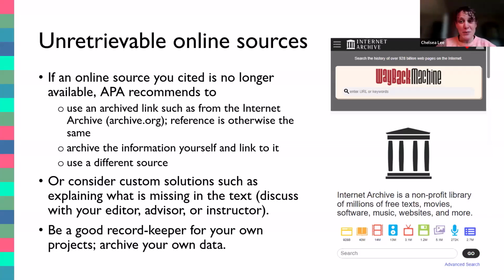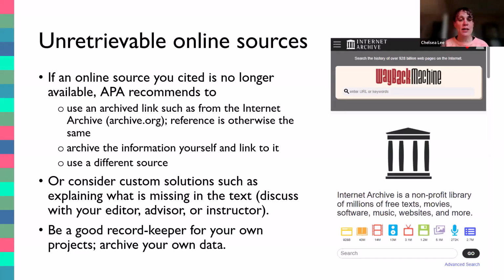And the reference in that case would be the same as it ever would be, except the link works rather than going to somewhere that doesn't work. Alternately, if you have access to the information and maybe you know it's going away, you can archive it yourself and link to it. Or if the source is gone, one of your best options might be to use a different source that is recoverable.